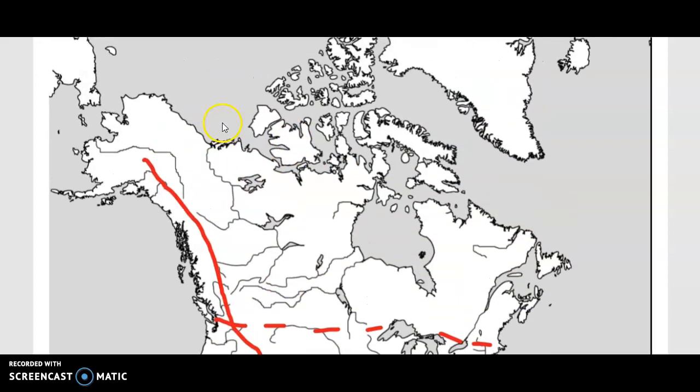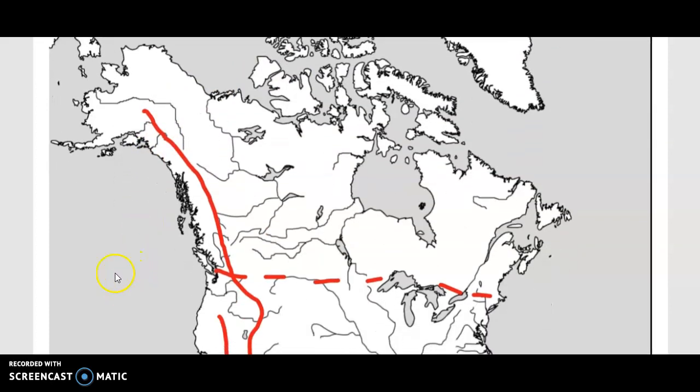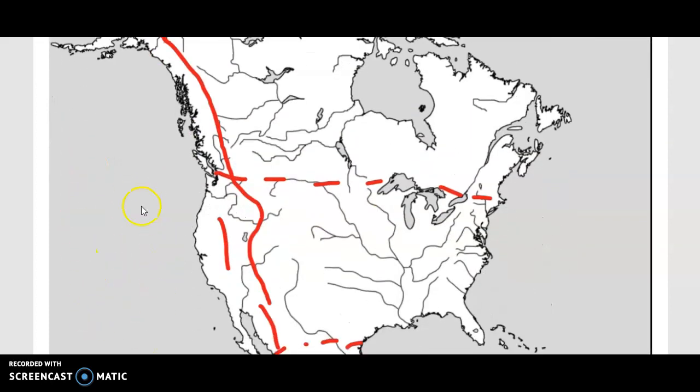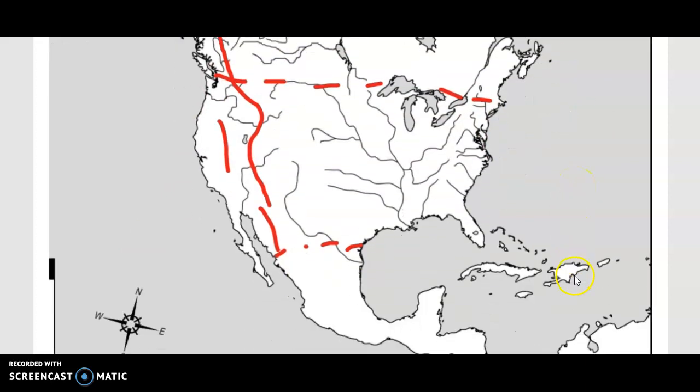I'll just give a quick recap. Here you have the Arctic Ocean, and you have the Pacific Ocean to the west. The north part is called the North Pacific Ocean and the south part is the South Pacific Ocean. On the east, this whole is your Atlantic Ocean. The north part is the North Atlantic and the south part is the South Atlantic Ocean.